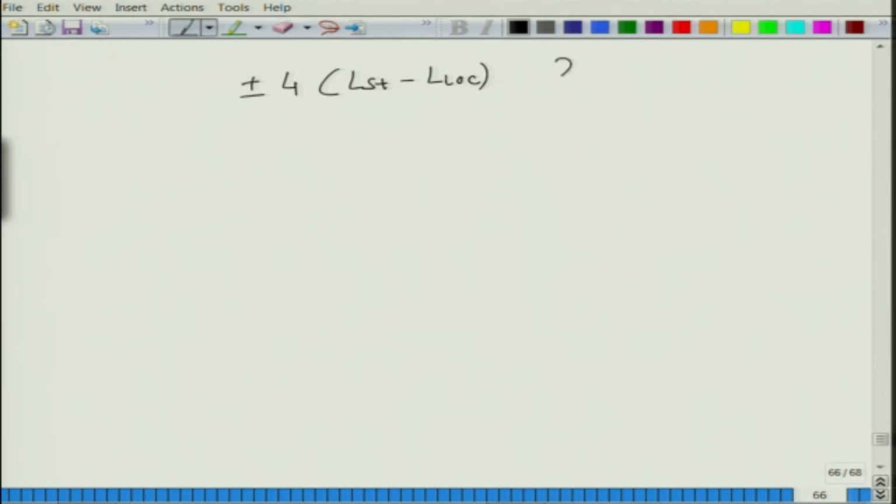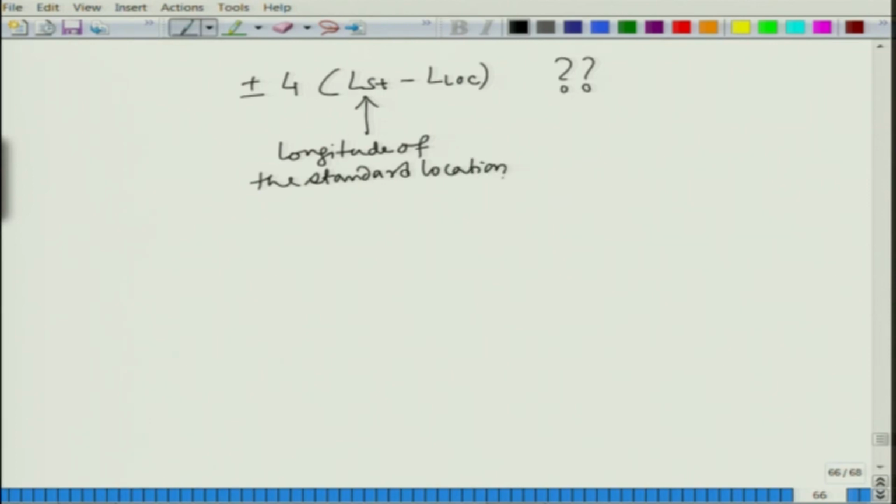Okay. What is this? First of all, I would say that this LST stands for the latitude, sorry, not latitude, longitude of the standard location. Okay.